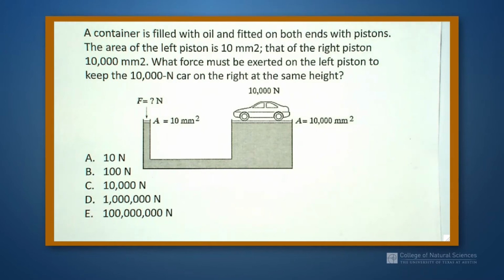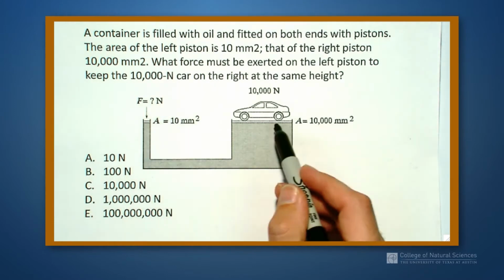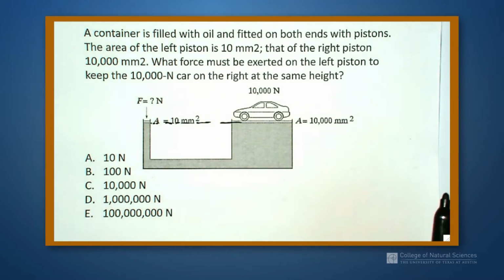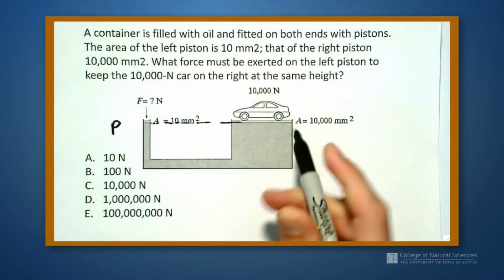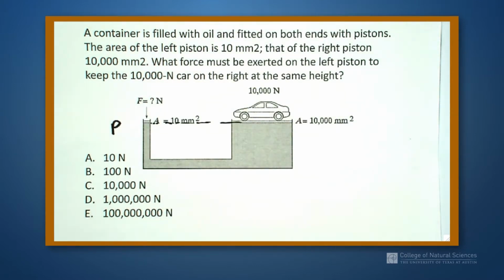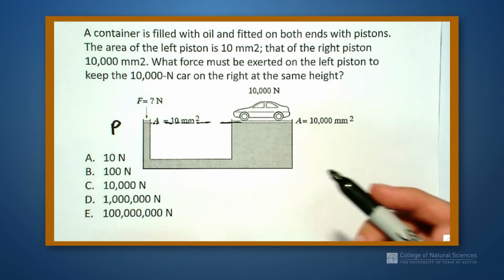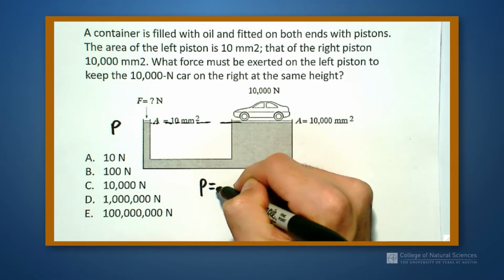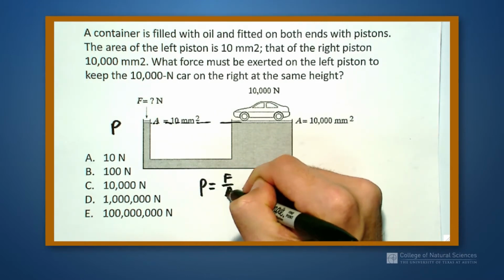Well, here's the trick with these U-shaped problems: if we look at this line over here, the pressure on both sides is going to have to be constant. So if the pressure on both sides is constant, then we know that pressure is defined as force per area.